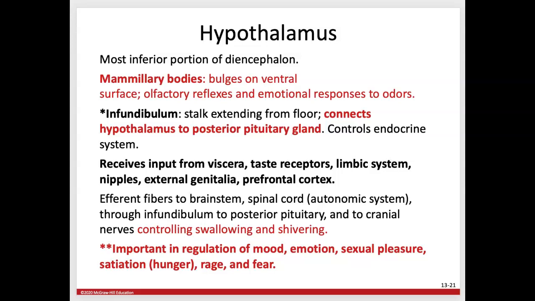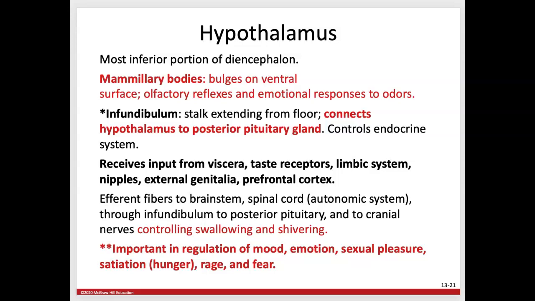The infundibulum hangs down from the bottom of the hypothalamus, and that connects the hypothalamus to the pituitary gland. So that is like the main connection between the nervous system and the endocrine system. And we will talk about this a little bit more in the endocrine system.